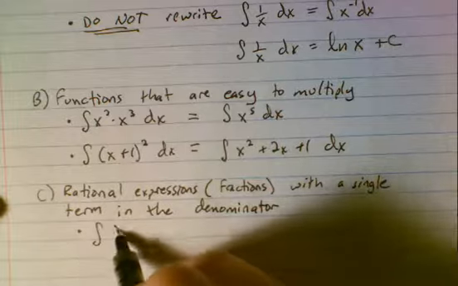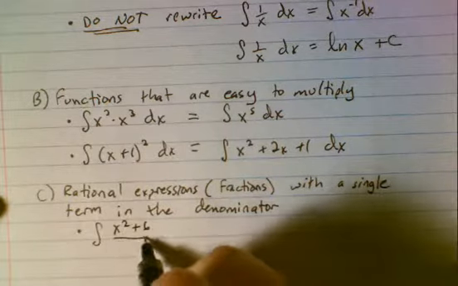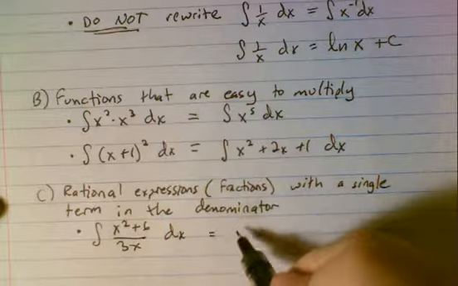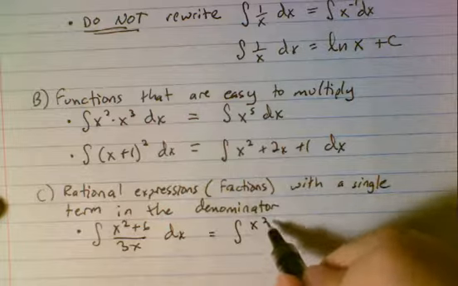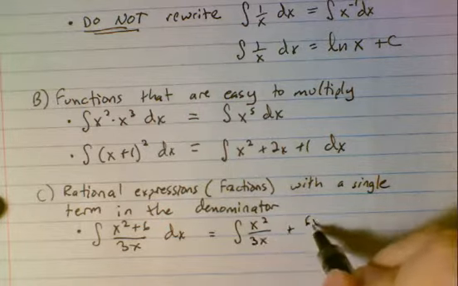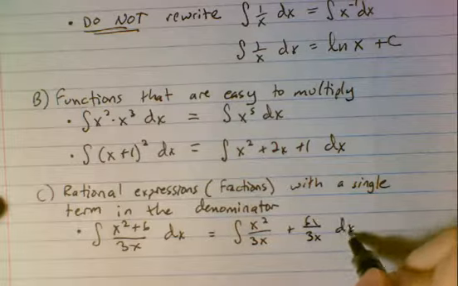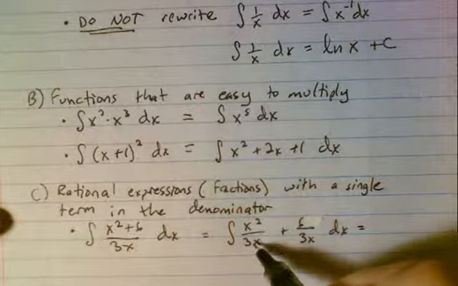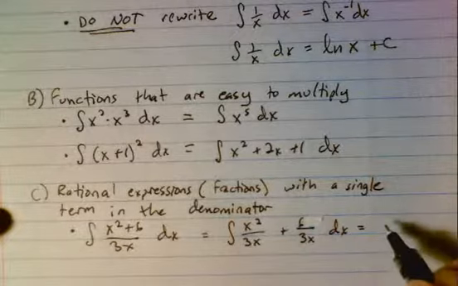So for example, the antiderivative of x squared plus 6 over 3x dx is something we should rewrite by breaking it up. And these cancel out.